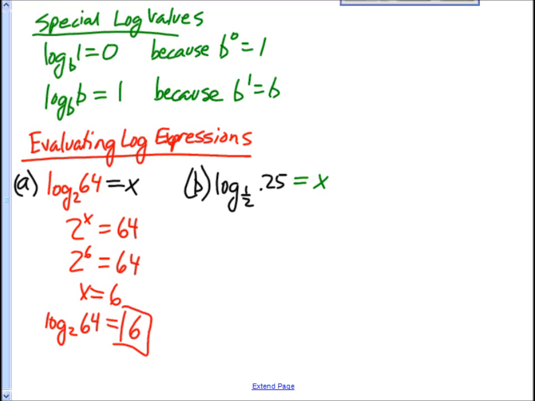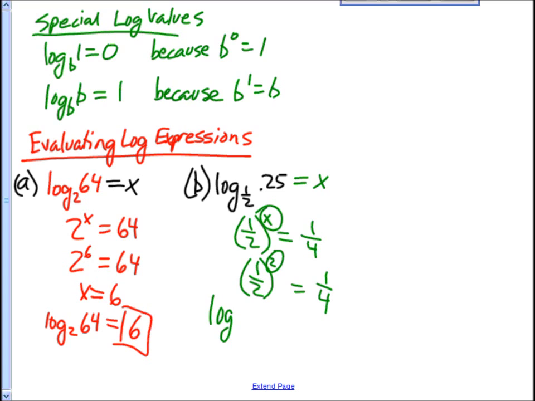So 1/2 to the x power equals 0.25. And let me put 0.25 as a fraction here, equals a fourth. Okay, what would x have to be? Well, isn't 1/2 squared equal to 1/4, right? 1 squared over 2 squared. So x must be 2. In other words, log base 1/2 of 0.25 must be 2.